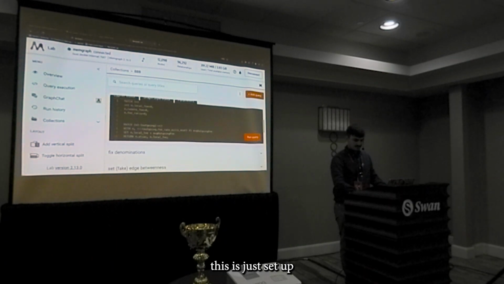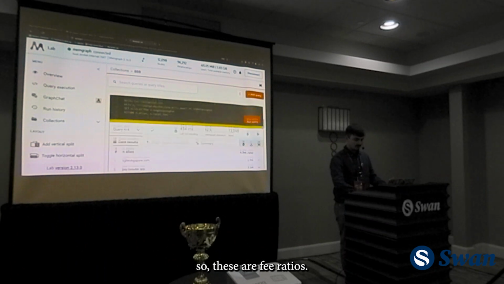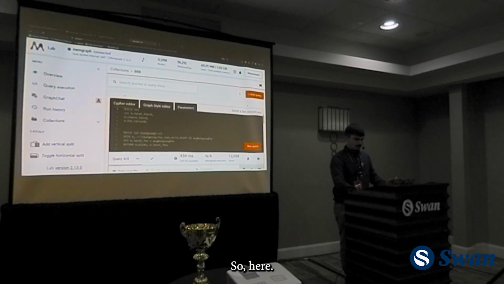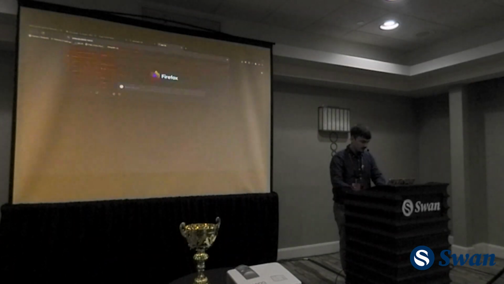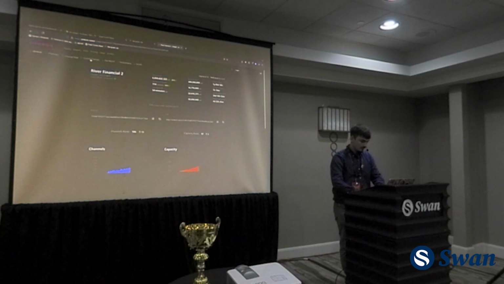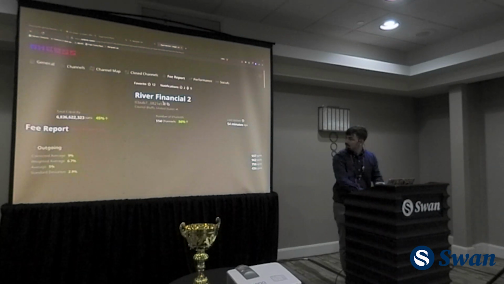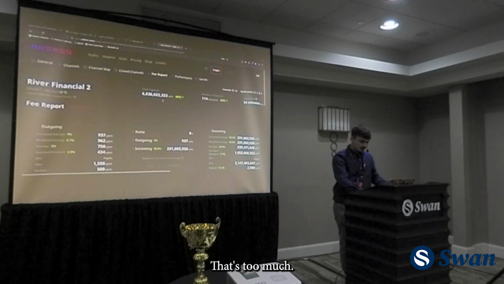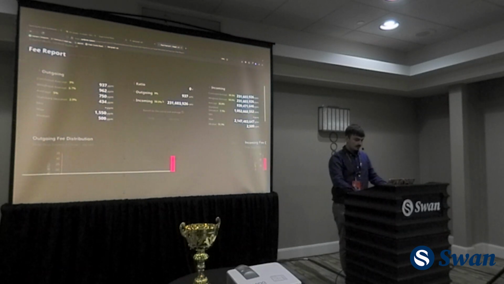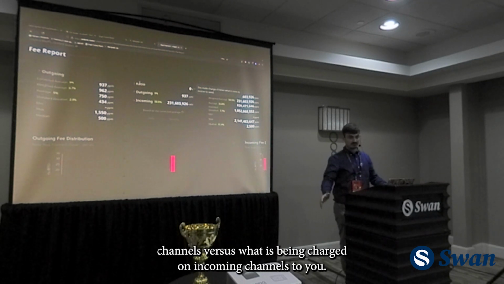And this, it's going to get exciting. This is just setup. So these are fee ratios. When we talk about fee ratios, that's how much you charge on outgoing channels versus what is being charged on incoming channels to you.